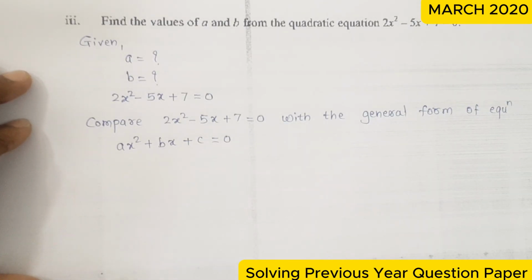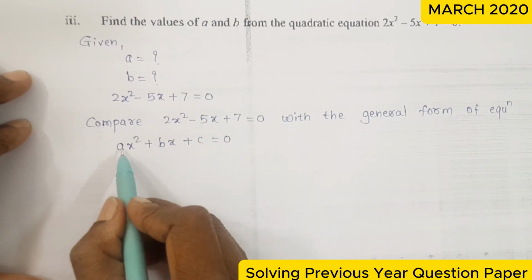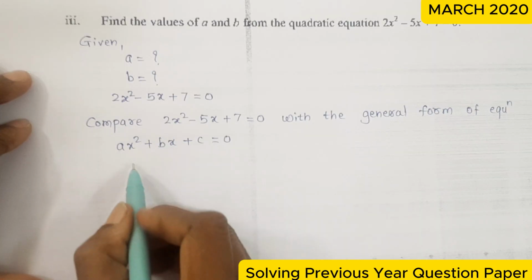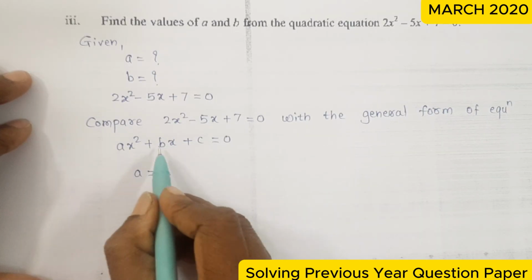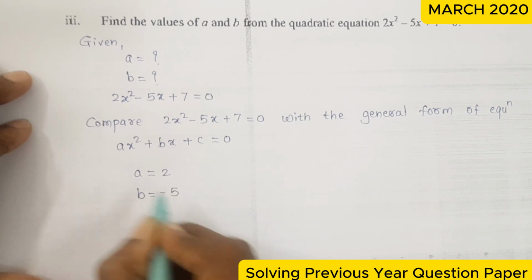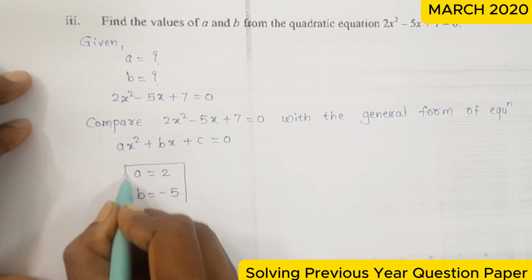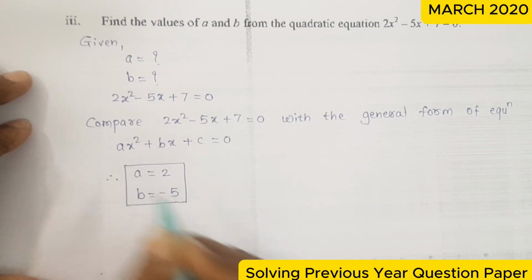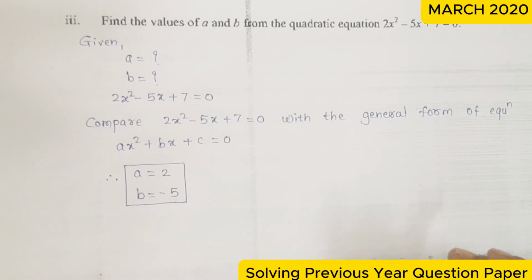So now here students, after comparing we get that at the place of a, here is 2. So a is equal to 2. At the place of b, there is minus 5. So b is equal to minus 5. So here students, we get the values of a and b. Very easy. Now students, next one.